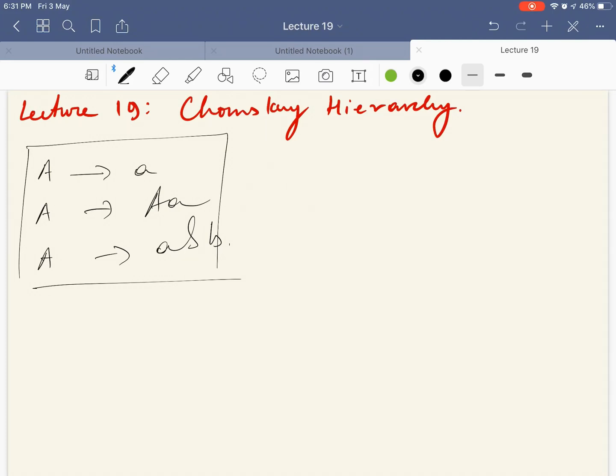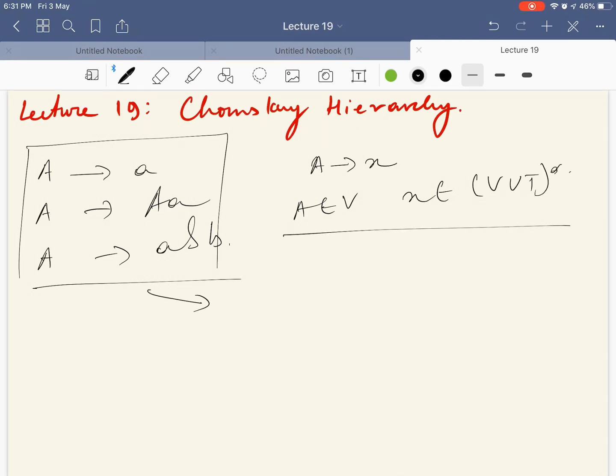So all these languages, where the left hand side is a variable and the right hand side is a combination of variable and terminal symbols, or in a general manner we write the production as A to x, where A belongs to variable and x belongs to (variable union terminal symbol) star, are called context free languages.